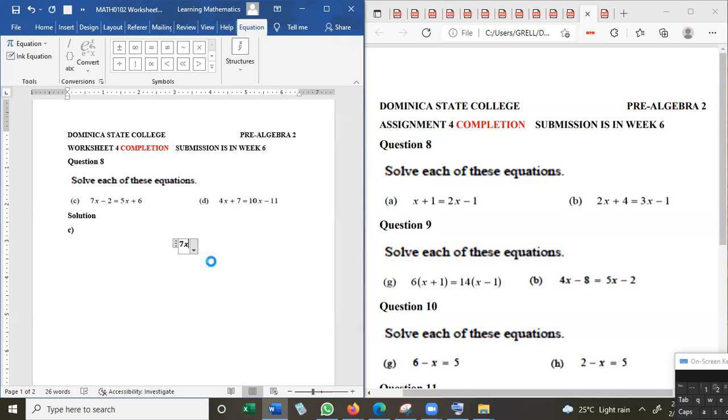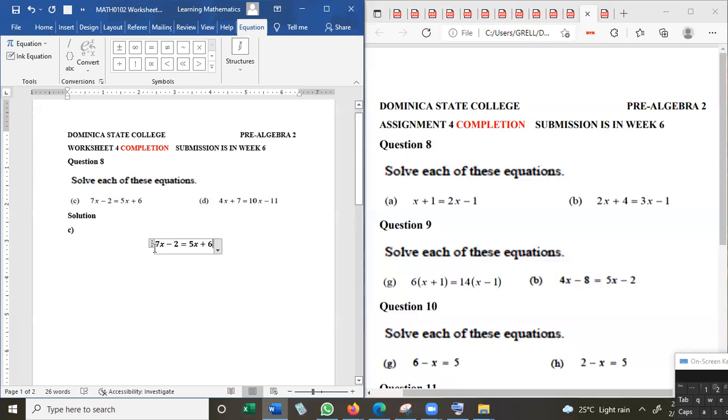Okay, let's subtract 2. You have the equal sign, and on the right side, you've got a 5x. So as you notice now, you are solving for x, but x appears twice, once on the left and once on the right. So you need to cancel out x. Bring all the x's on one side as soon as possible.